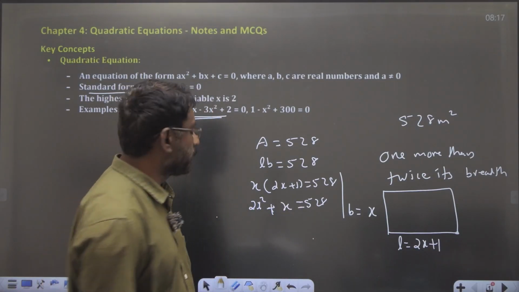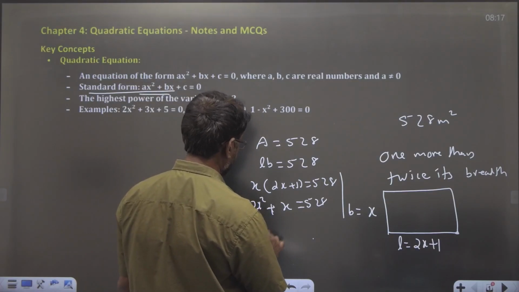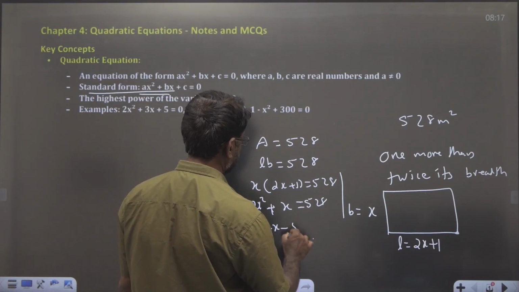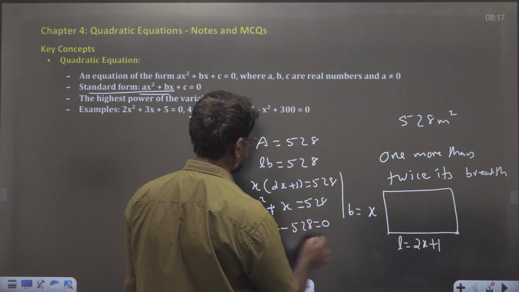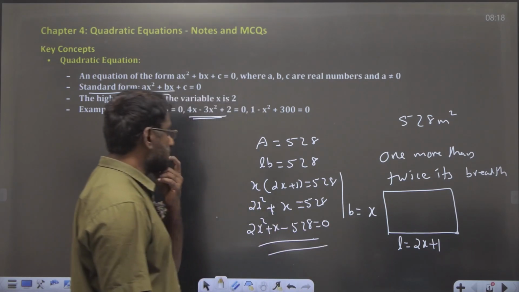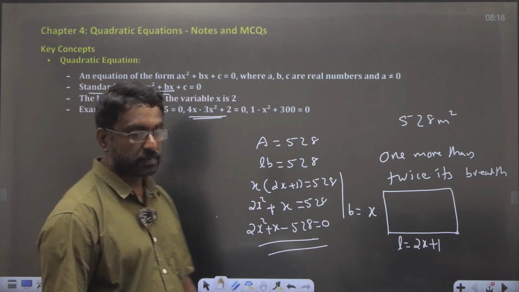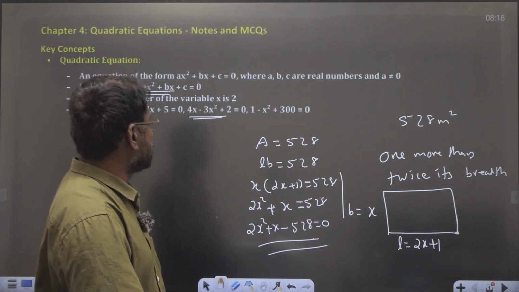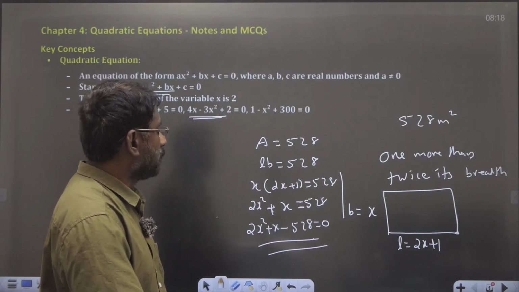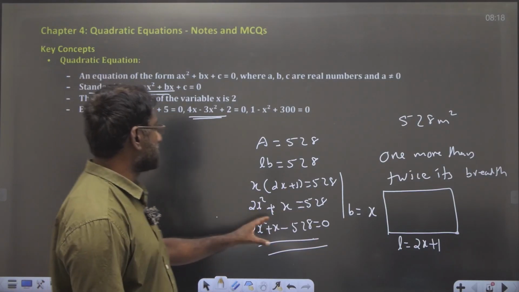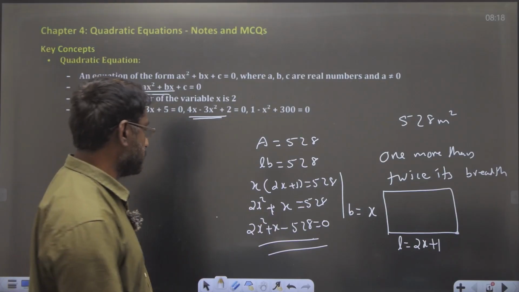This is 2x square plus x minus 528 is equal to 0. This is the corresponding quadratic equation for finding the length and breadth of this rectangular plot.